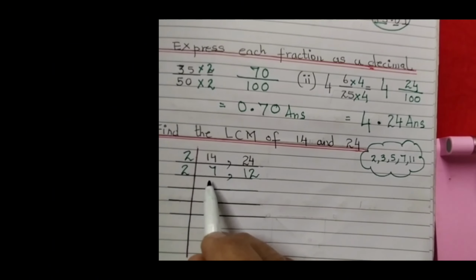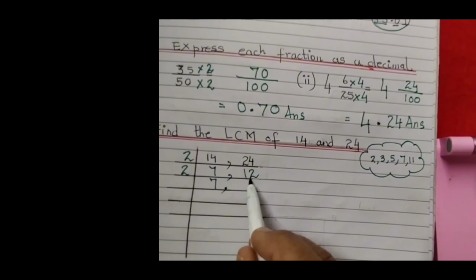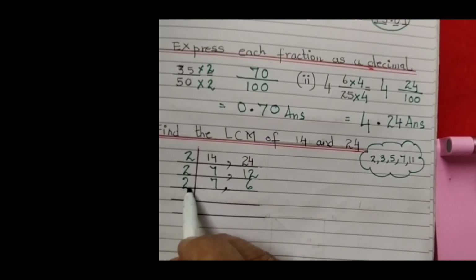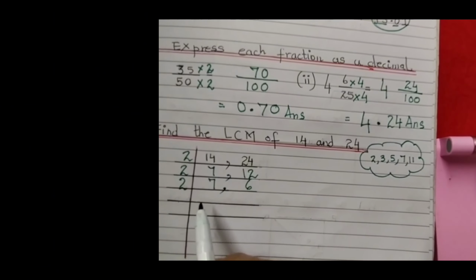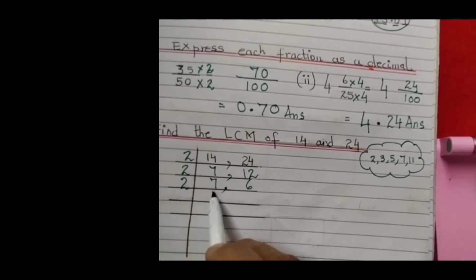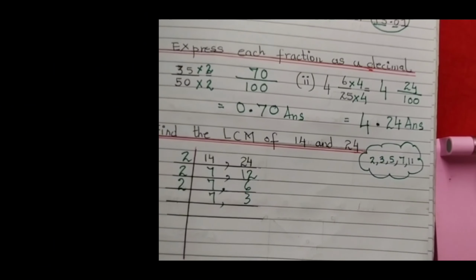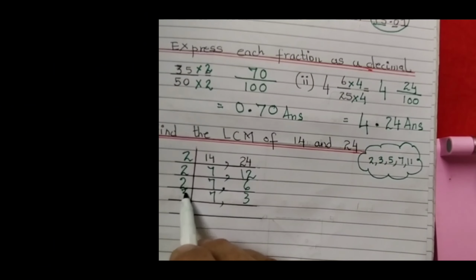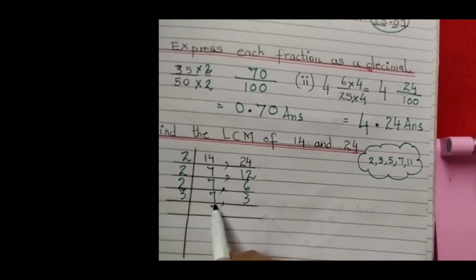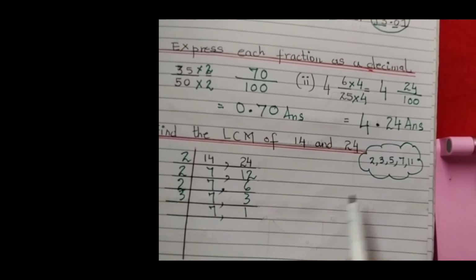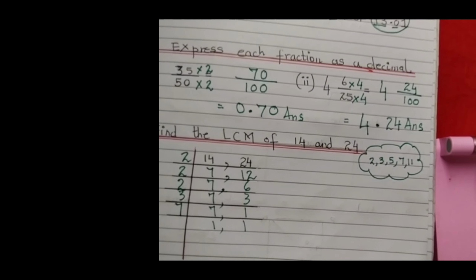Again I take 2, bring the 7 down. 2 times 6, 12. Again I bring 7 because I can see the even numbers still. 7, 2 times 3, 6. Now I do not see any number which can be divided by 2. So I will move on to the second prime number, 3. I'll bring down the 7, 3 ones are 3, and then I'm left with the last prime number, 7, 7 ones are 7, and then this.